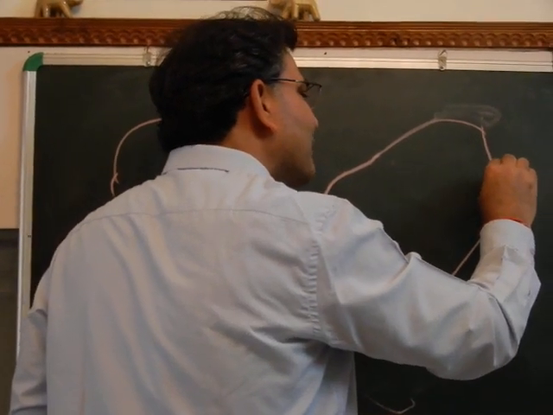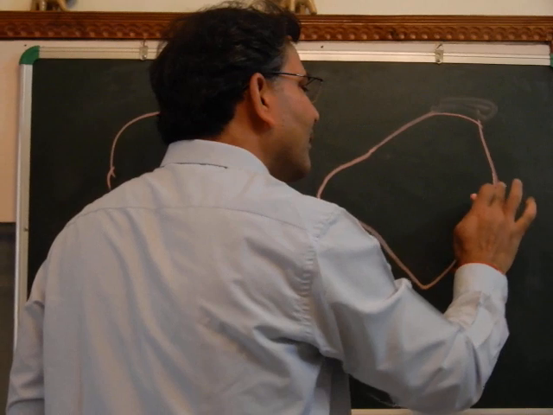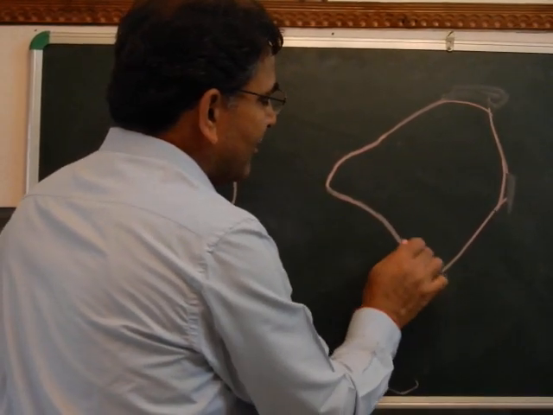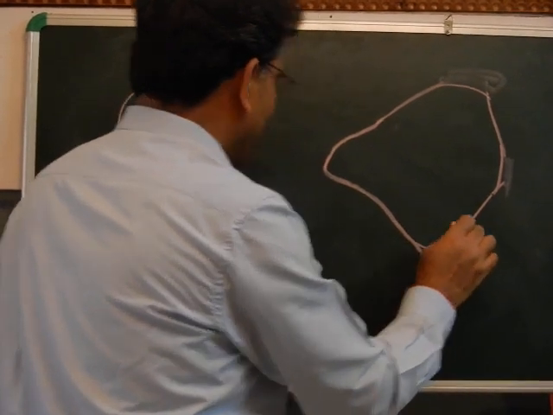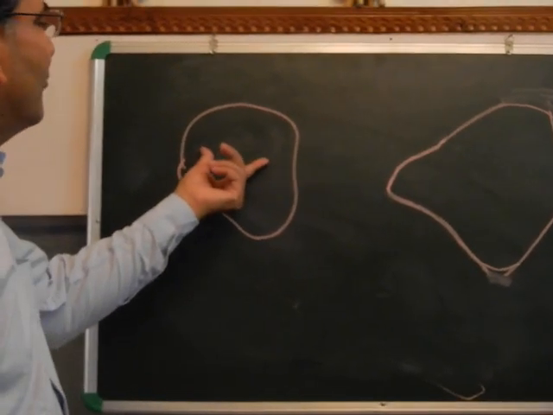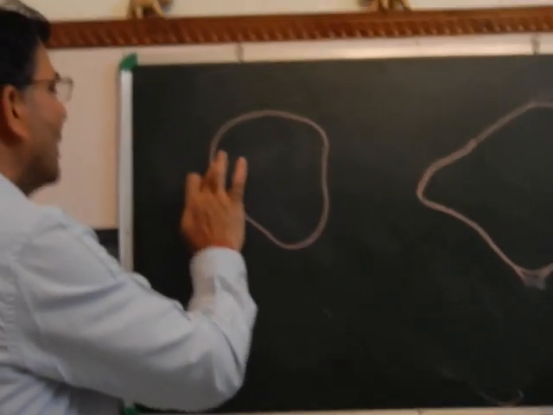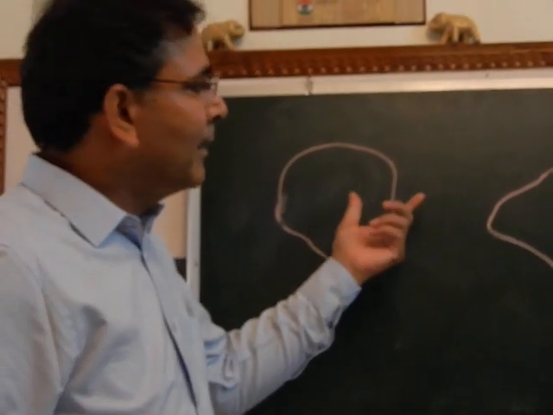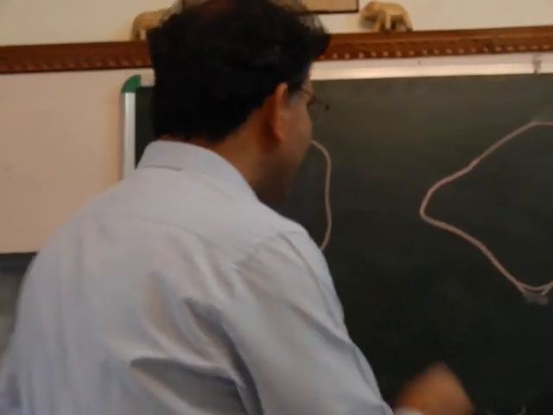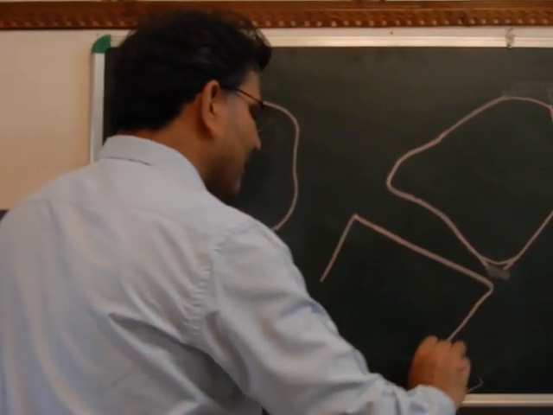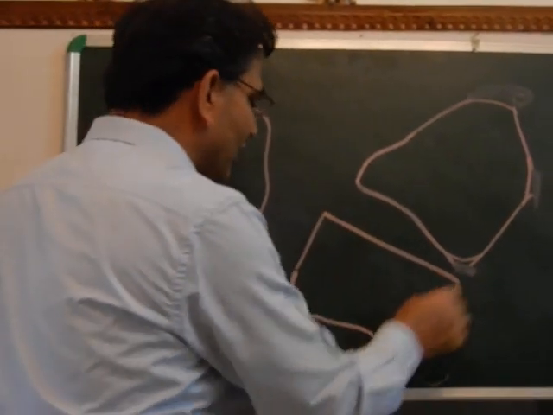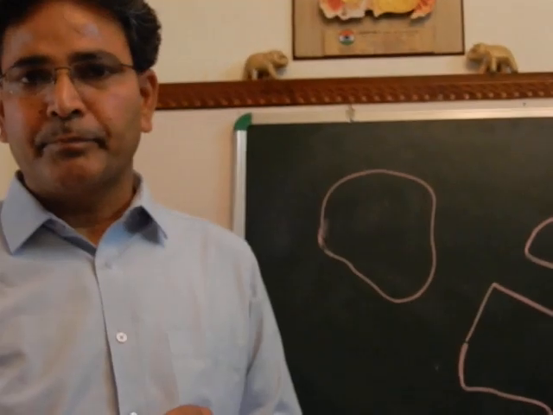If the angularity of the corners is removed, then this is rounded. This is angular, and if the angularity of the corners is removed, this is rounded. So this is well rounded because there is no angularity at all in the grain, and this is sub-rounded, and this grain is angular because all corners are angular.